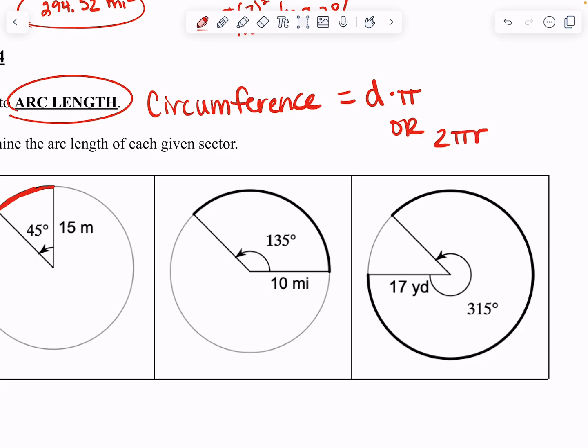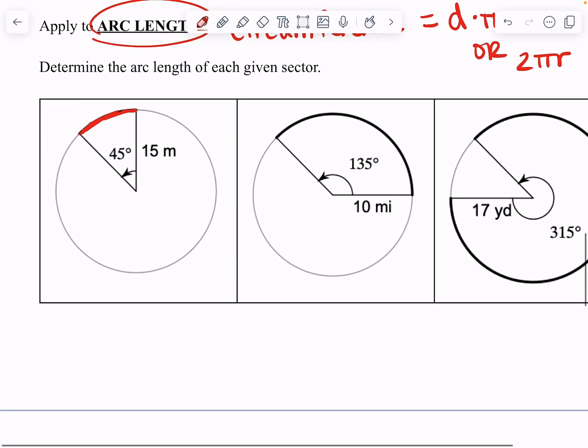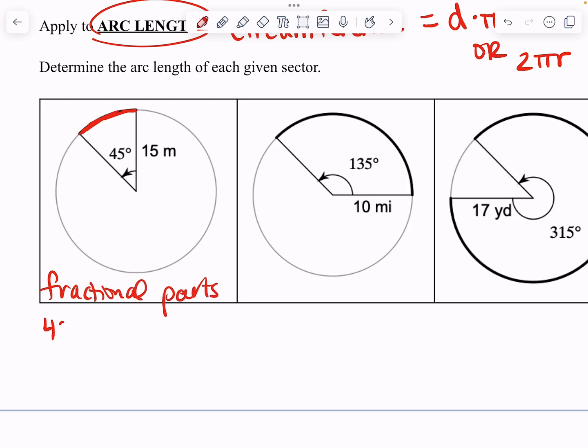Okay, so let's look at this first circle. So I'm going to do fractional parts again first. So if I want to use fractional parts, I'm going to figure out, well, what fraction of a circle is 45 degrees. So when I do that, I'm doing 45 divided by 360, and I'm just reducing that. I'm not writing that as a decimal. And that's an eighth.